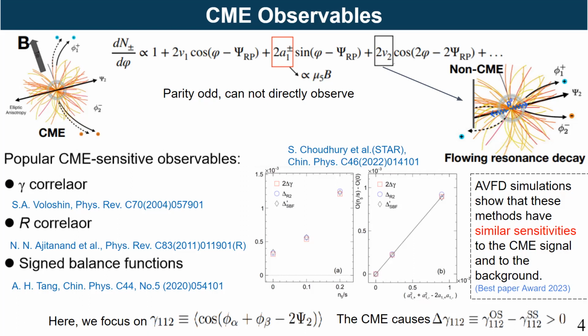On the left, the x-axis is the input signal strength, and the vertical axis is the key component of the observable. Even at 0 input, you have a finite signal, which means it's not signal, it's background. And all three methods see the same background. So this method paper proves that all three methods have the same sensitivity to both signal and background. We should not argue about which one is more advanced. They are actually equivalent.